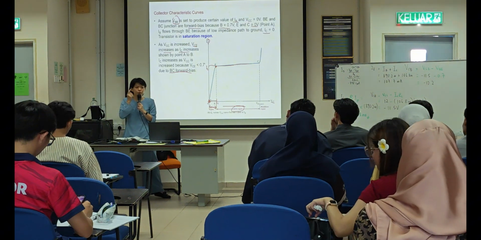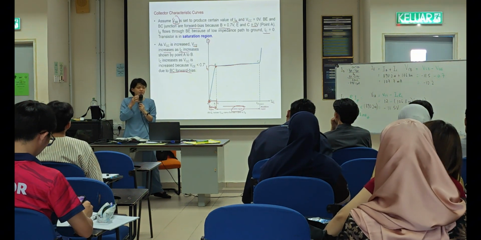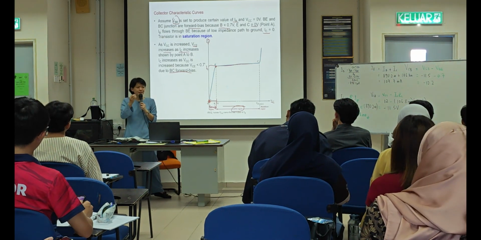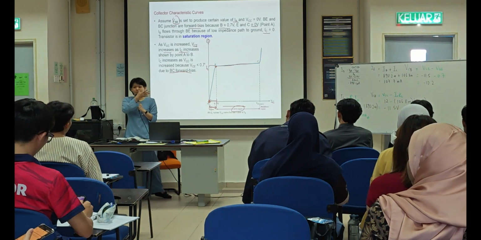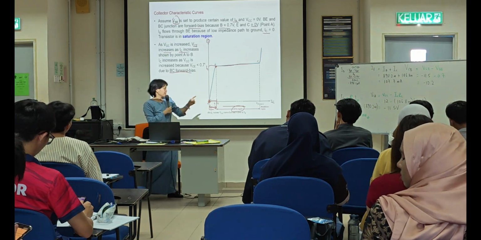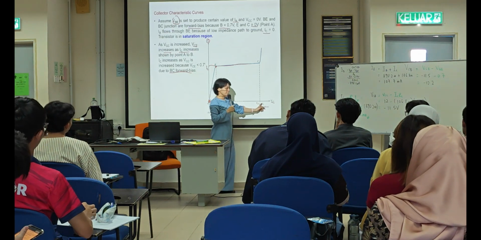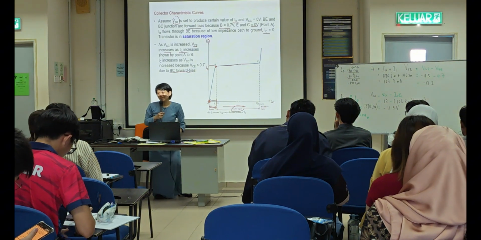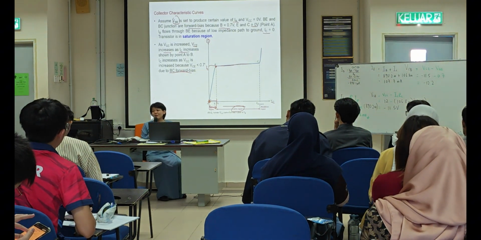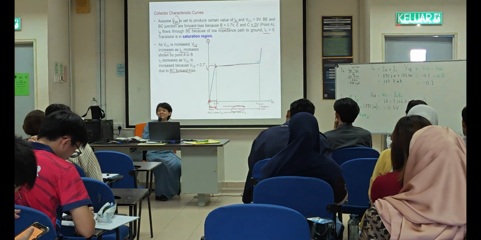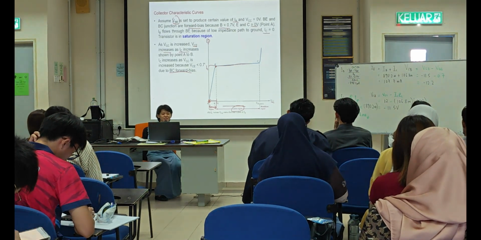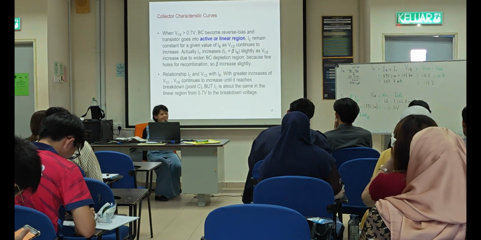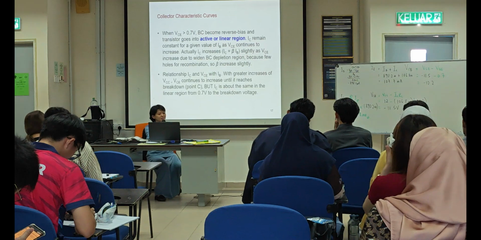Last year your senior adjusted until 30 watt, and then the resistor burned and smoke came out. That means breakdown already. Your resistor broke down. So don't give too high a value until your resistor burns. Last year the whole lab smelled burnt, a bad smell. So when you enter the lab, you have to be careful.